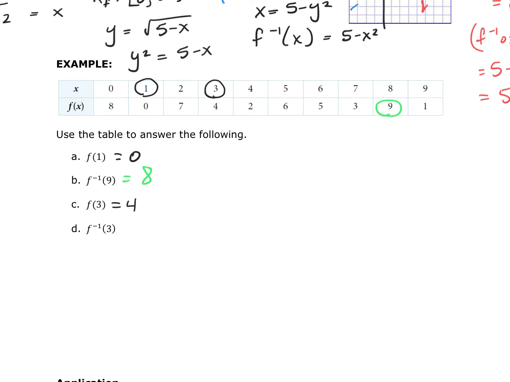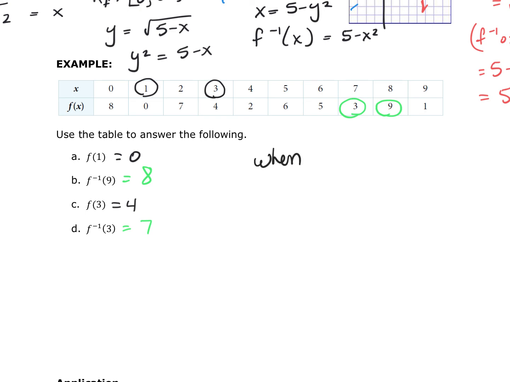However, if I have an f inverse of 3, I'm going to find 3 in the output, and that means my answer is 7. I must have put 7 in to get 3 out. Every time you are doing inverses, you have the answer. You are trying to find what value is associated with that answer. So let me say that again.